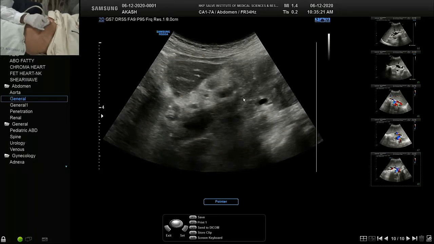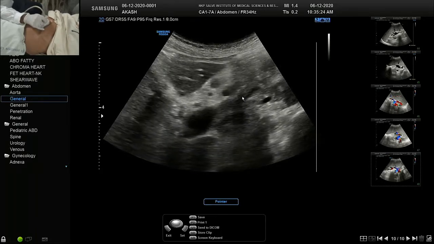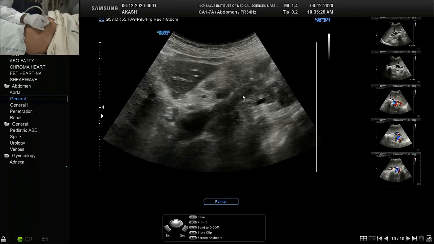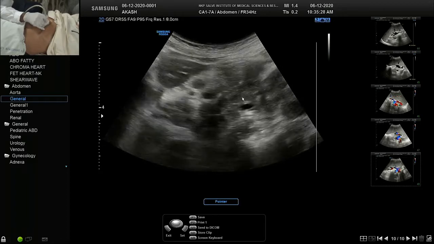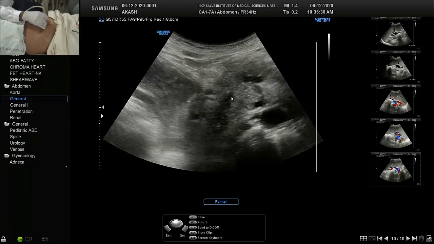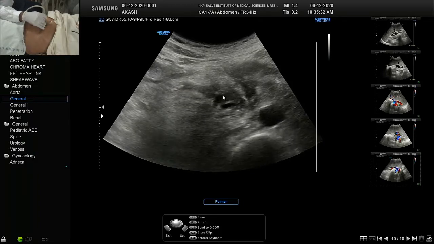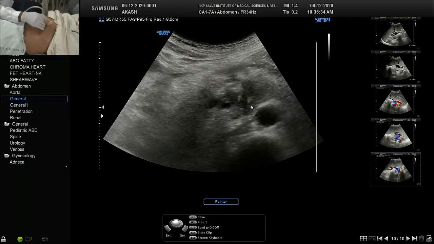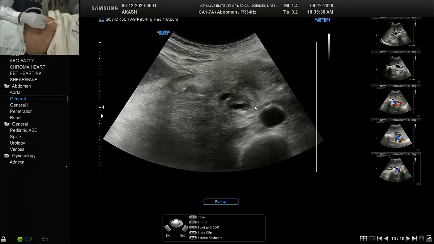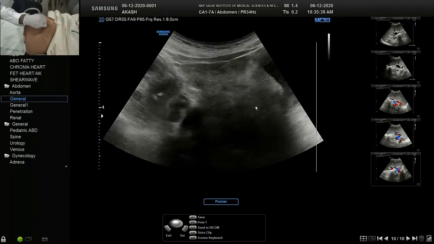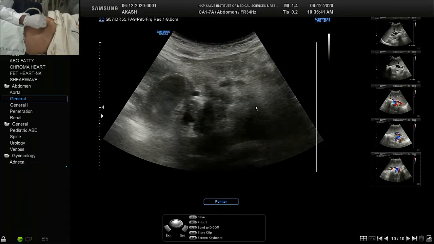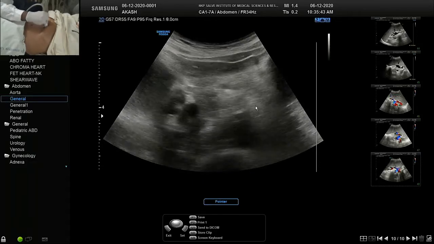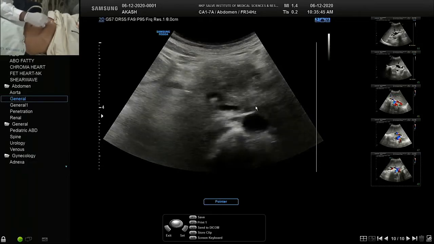Here we have come to the pancreatic head. As we have seen, there is thrombus, probably chronic because the lumen has reduced. And then we follow this confluence towards this side, and again the splenic vein is not seen here. So our first impression is that the splenic vein and the portal vein is thrombosed.